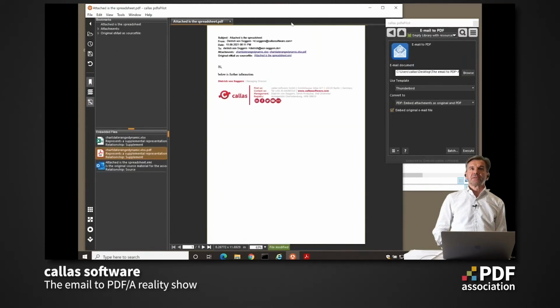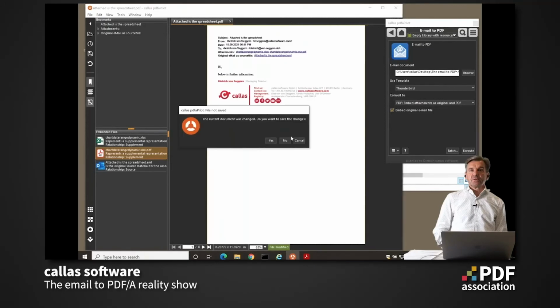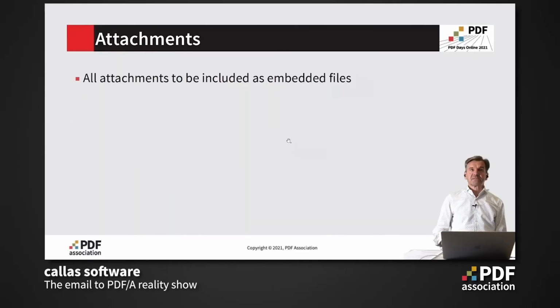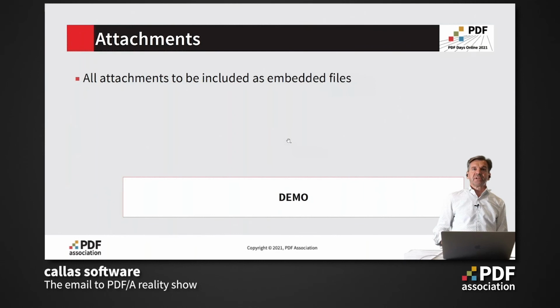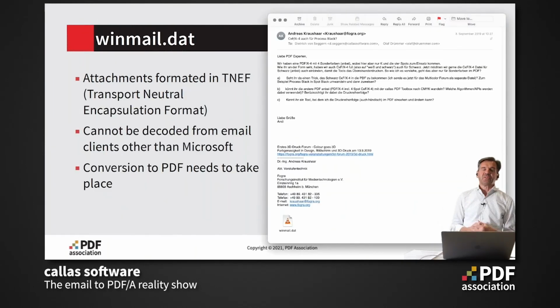No, we don't want to save the result. Finally, I explained that there is a certain email attachment, WinMail.dat, that is created by Office application, and that for us created lots of problems when it comes to email archival, because on my Apple email or regular system that only understands EML email files, this is just an attachment with the name WinMail.dat, and you can't do anything without it.